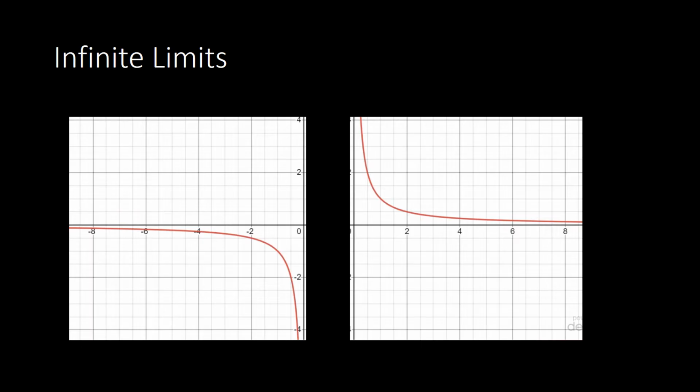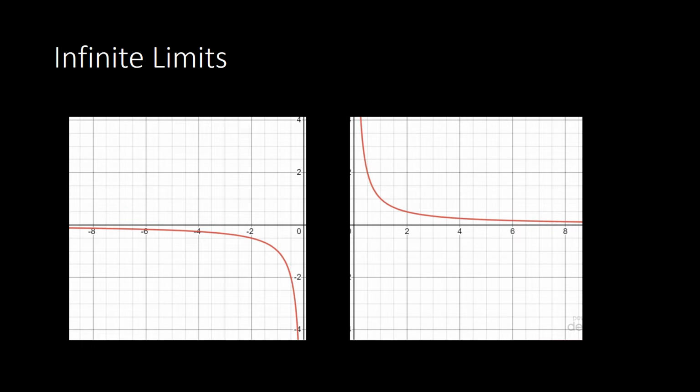This time we're going to talk about infinite limits and its theorem. So let's try to visualize our infinite limits. When we say infinite limits, we will be obtaining a vertical asymptote. If you look at this particular graph, we've noticed that we have x values approaching a particular value, which is 0 here.